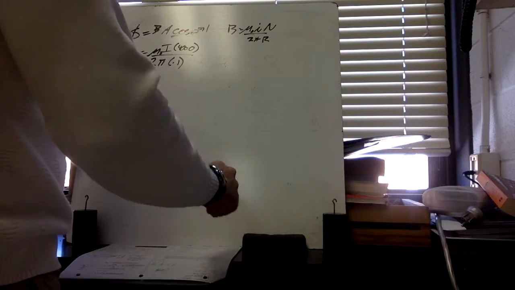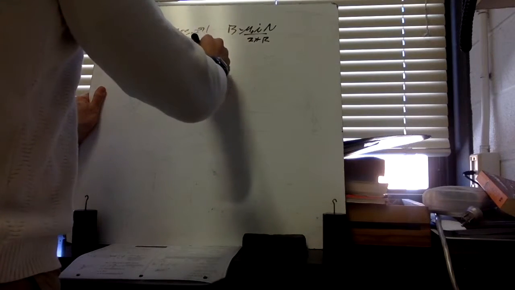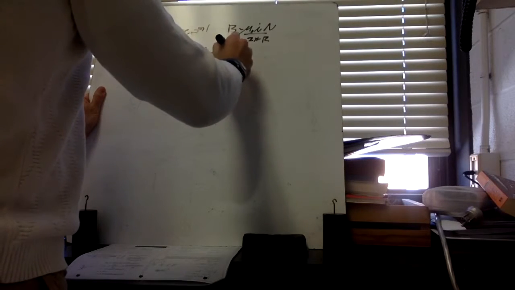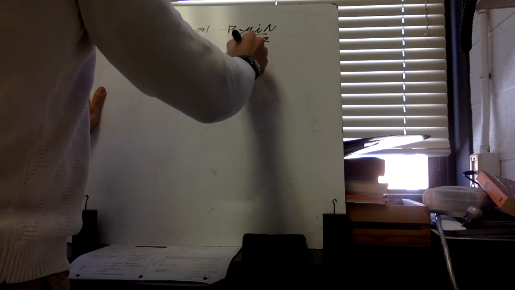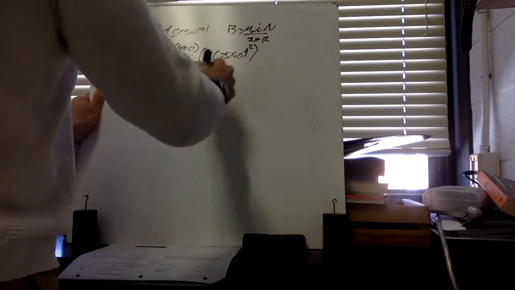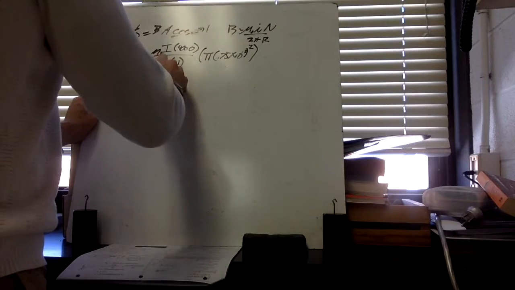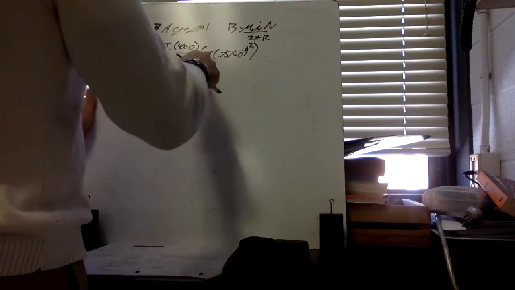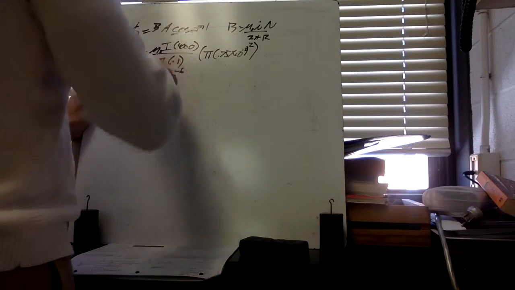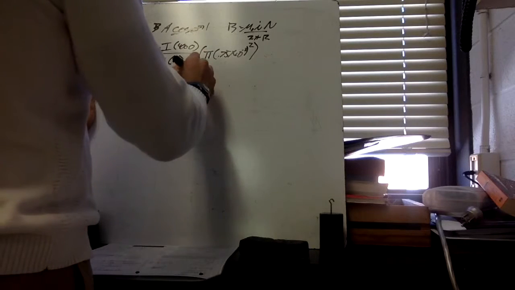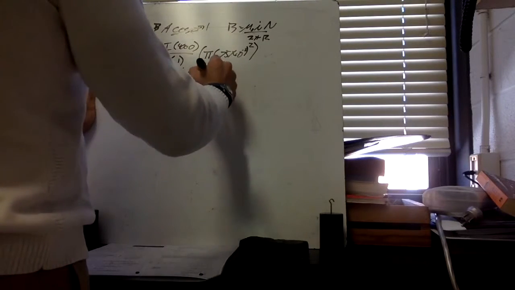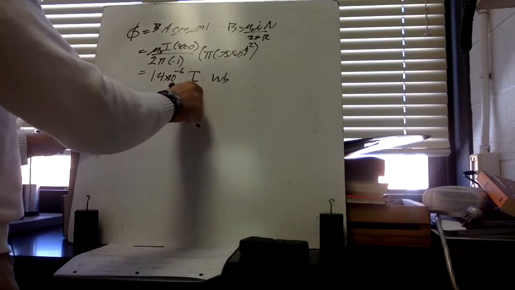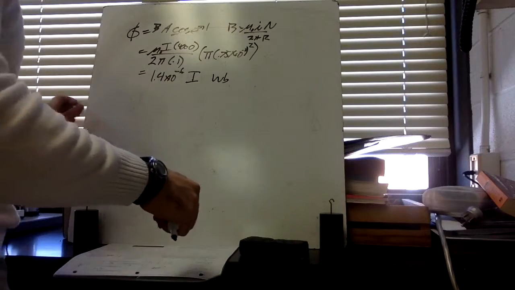And then times A, so this is going to be pi r squared. So 0.75 times 10 to the negative 2, this whole thing is squared. So this ends up being 1.4 times 10 to the negative 6th. So we have this I in here, and so this is 1.4 times 10 to the negative 6th times I Webers. So this times the current will give us what the flux is.